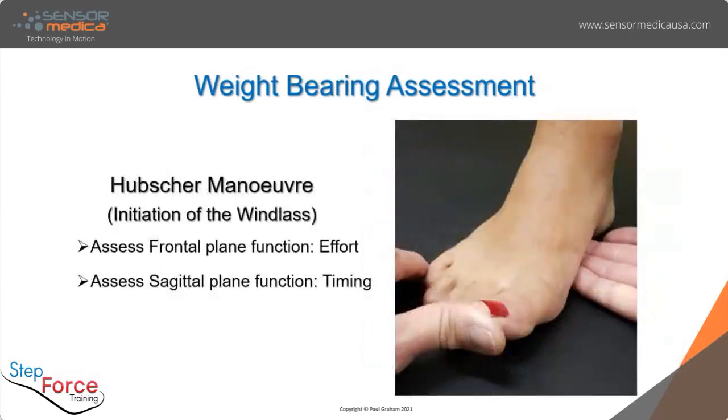And looking at the Hubscher maneuver or Jack's test to understand the orthotic corrections, especially in the midfoot and forefoot, to achieve easy and immediate windlass initiation. And we should look for the effort based on the frontal plane correction and the timing of the initiation of the windlass in the sagittal plane.